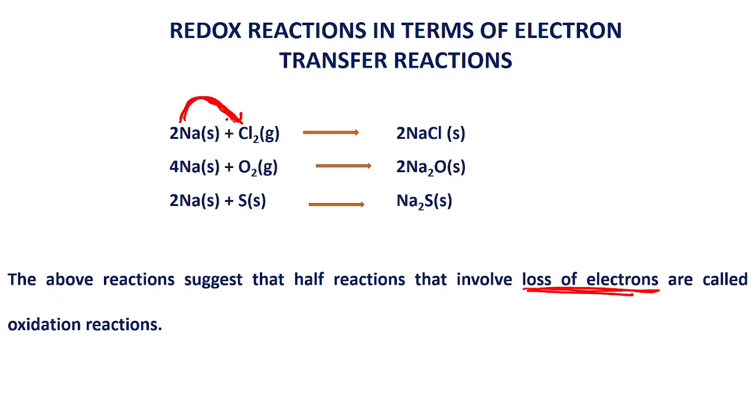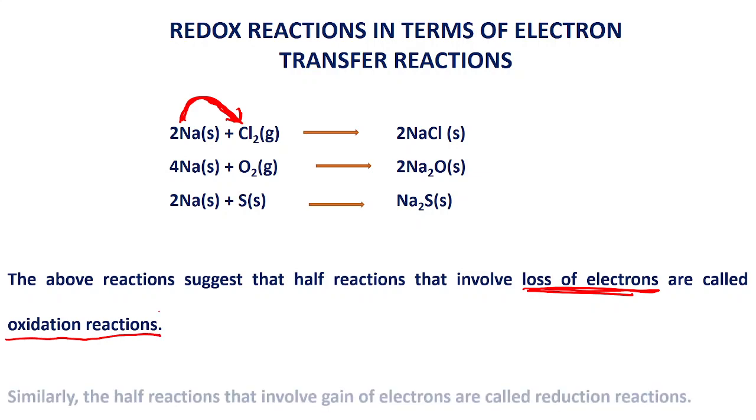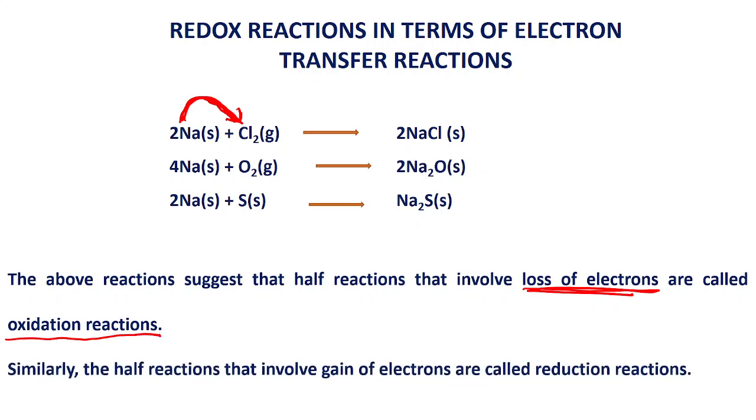So which is losing electron? Sodium is losing electron, so we see that sodium is oxidized here. And similarly, the half reaction that involves the gain of electrons: if this has given, then definitely chlorine has to accept. This half reaction, the acceptance by chlorine, is termed reduction.